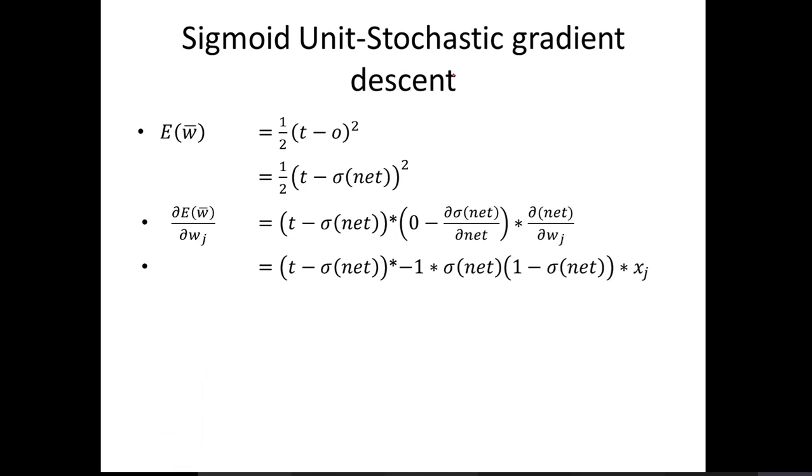We know that the network sum is W0 x0 plus W1 x1 plus and so on, plus Wj xj, plus and so on, plus Wd xd.